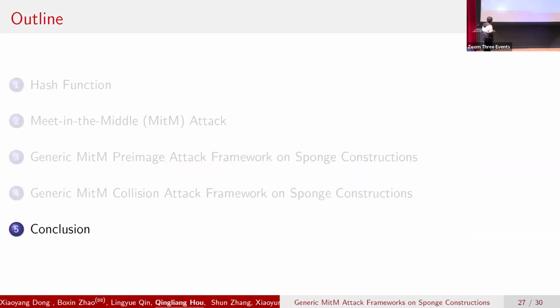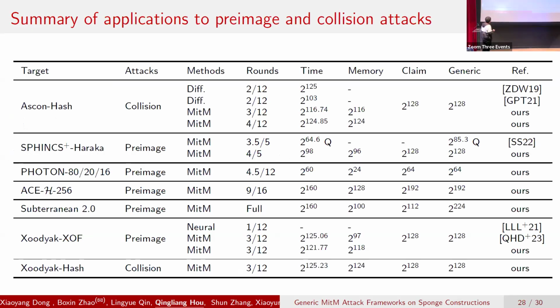Okay, at the last, we give a summary of our results in our paper. Compared with the previous best results, the collision attack on Ascon hash is improved by 2 rounds, and we also improved the preimage attack.